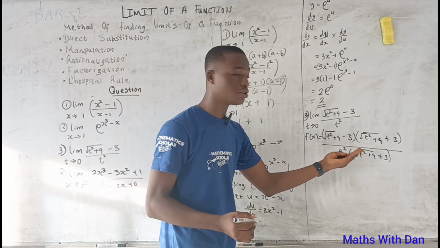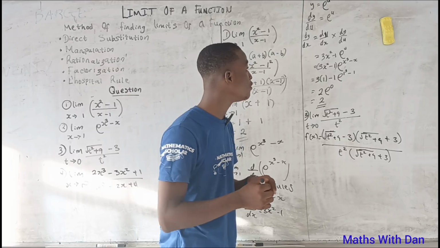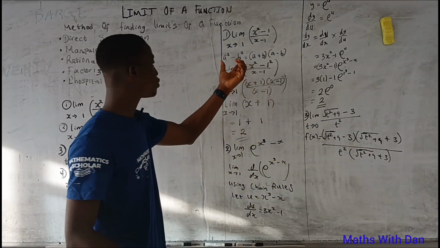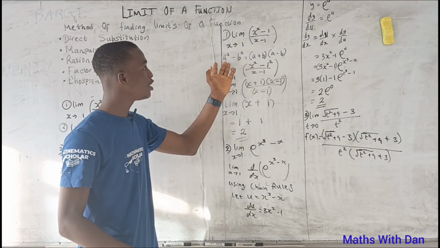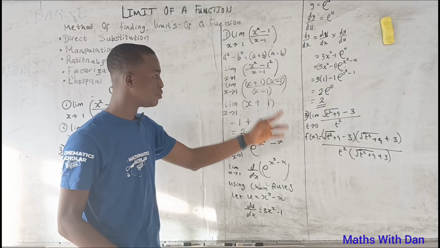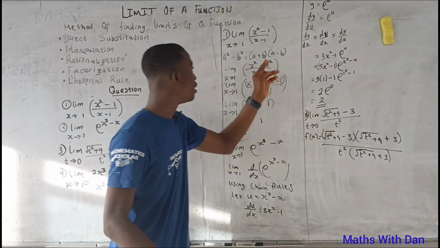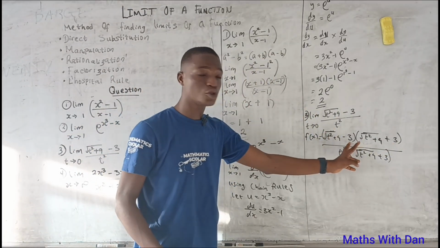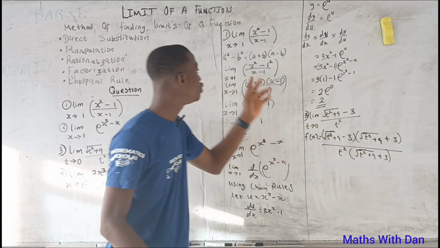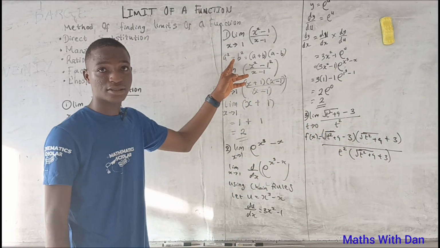If you look at this numerator here, you can see that we have something like a difference of two squares. If you look at my previous question, I said a plus b times a minus b gives a squared minus b squared. This is the a plus b, then this is the a minus b. So you can also convert this into this identity. Do you understand?